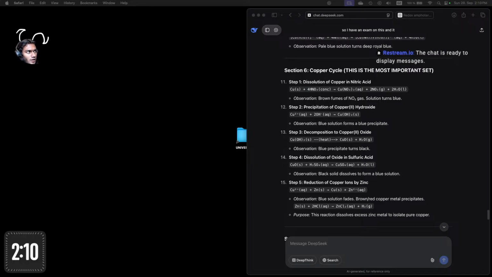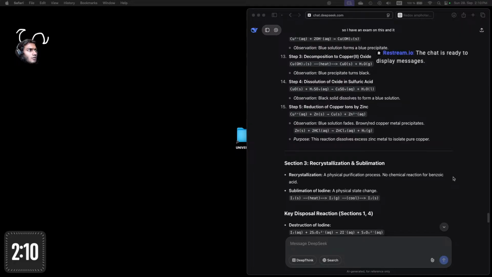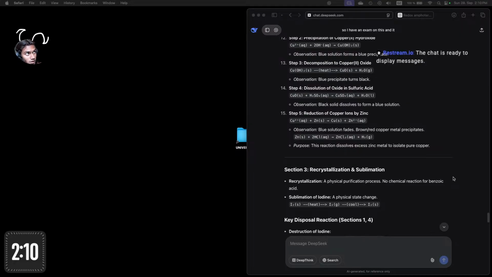Production of copper ions by zinc. I mean, it's copper sulfate, right? Observation: blue solution fades, brown red copper metal precipitates. Right now, let me just write it. Copper ions by zinc.